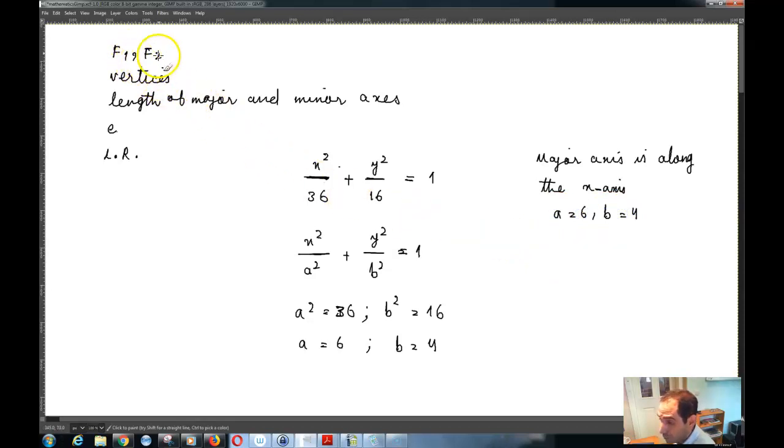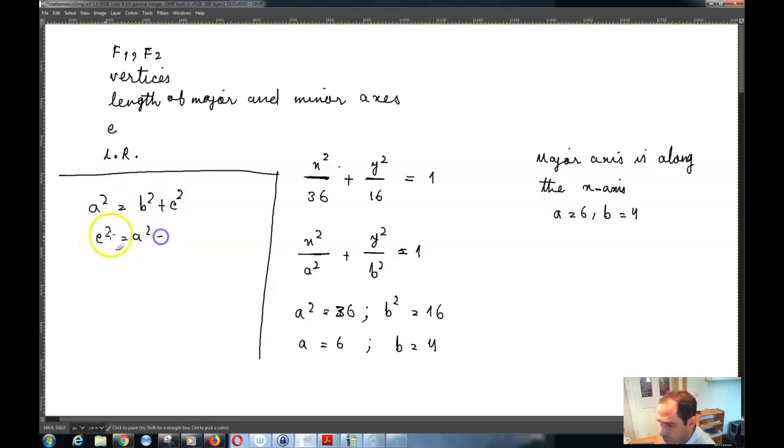So the foci are at a distance c away from the center. Now since I have my a and b, I can calculate c, meaning that a squared is equal to b squared plus c squared, or c squared is equal to a squared minus b squared.